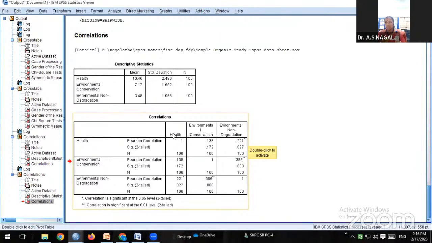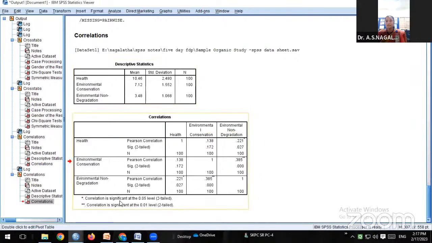I'll choose the lower column. Health is weakly related, meaning the relationship is not strong, it's weak, with environmental non-degradation, where the p value is 0.027. In the same way, environmental concern is also related with environmental non-degradation, which has 0.385 correlation at the 1% level of significance.